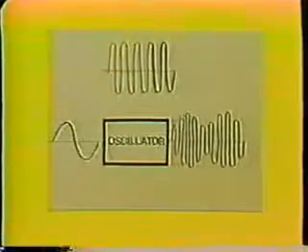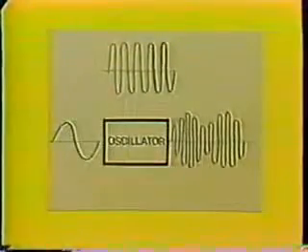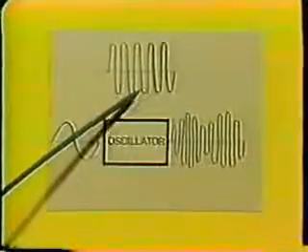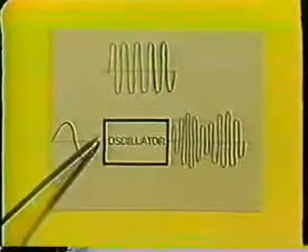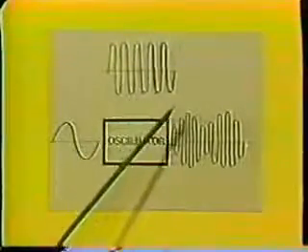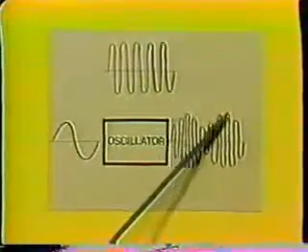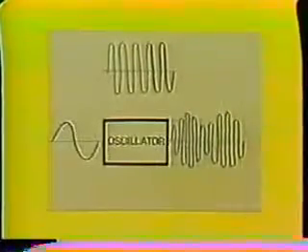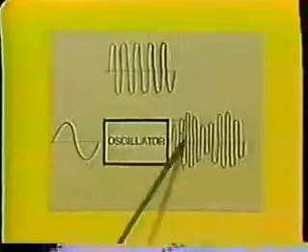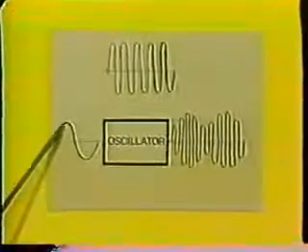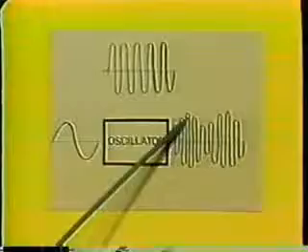To review AM modulation using an oscillator, the oscillator generates the carrier, which is varied by the modulating frequency, and this results in the modulated wave output. The frequency of the carrier remains the same, but the amplitude of the carrier varies at the same rate as the modulating signal.